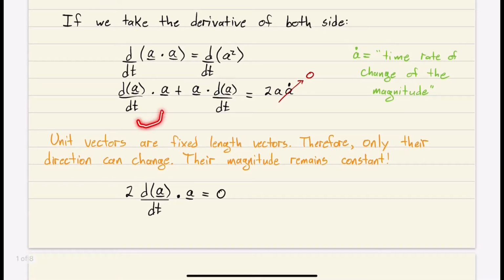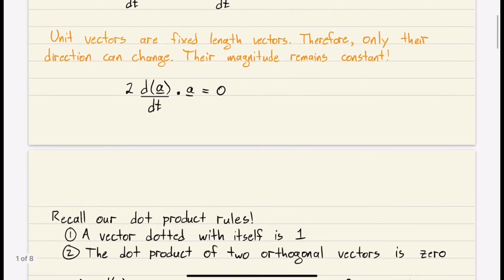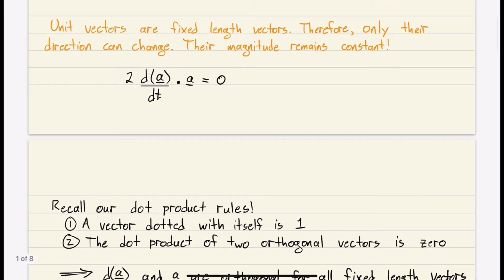Remember, for dot product, we can swap the order that we take the dot product of, and it's the same thing. So we have 2 of these. So 2 dA/dt dotted with a is equal to 0. Recall our dot product rules. A vector dotted with itself is 1.